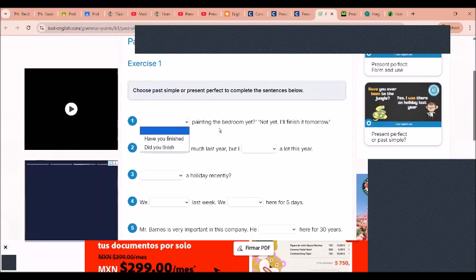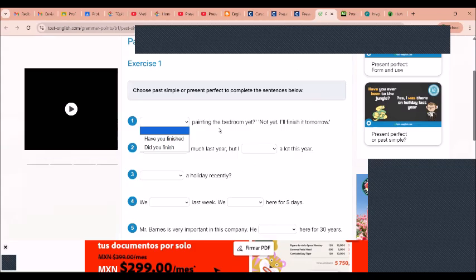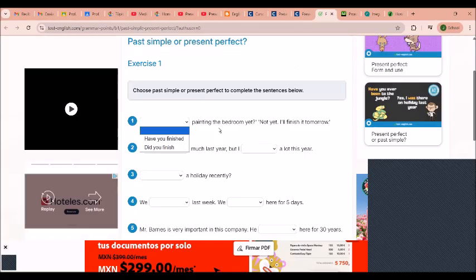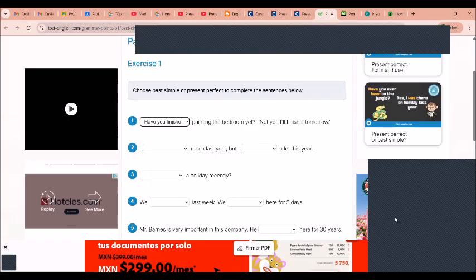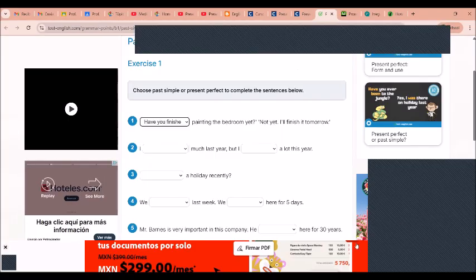Which one should we use, Mayra? Number 1. Have you finished painting the bedroom yet? Not yet. It'll finish tomorrow. Good. So you've caught the difference. Let's go with Ariadne Monse Fernandez Torres.